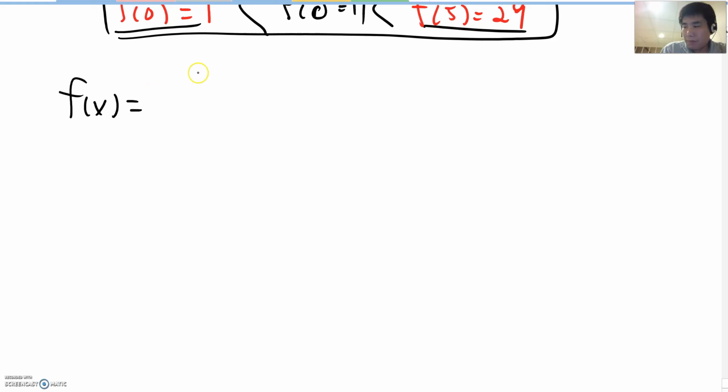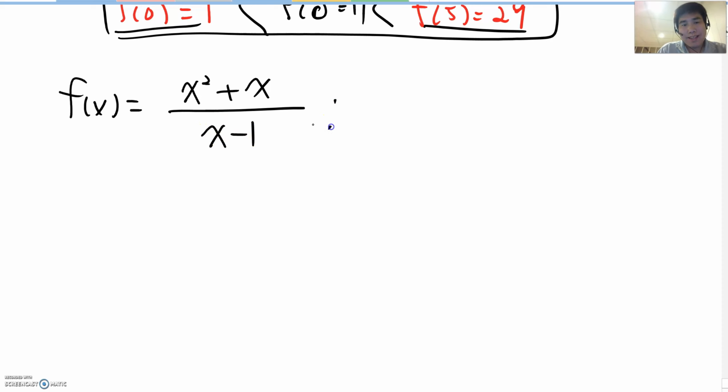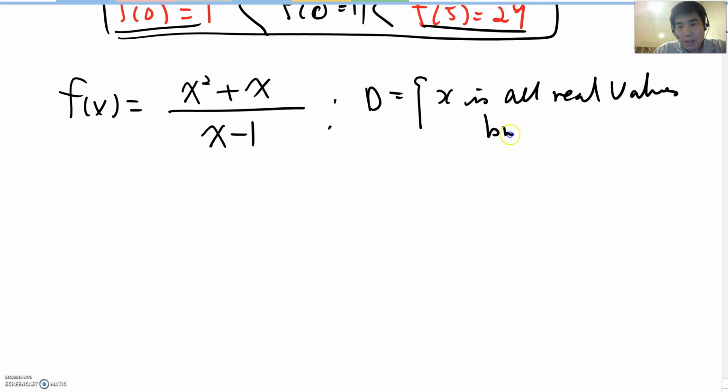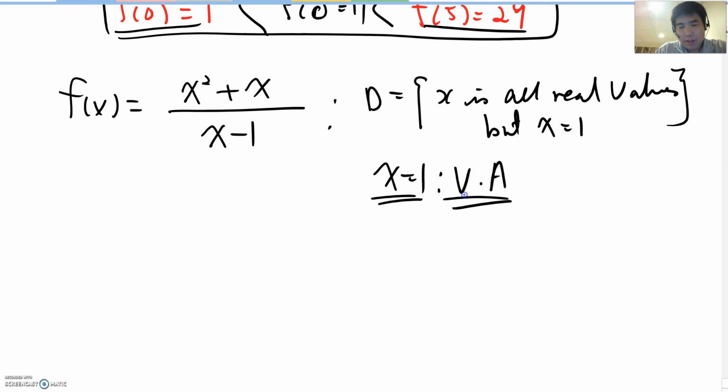Then what about one more example? f(x) equal to x squared plus x over x minus 1. So this is a rational function. Now we can find the domain: x is any real value, but x cannot be 1, which means x equal to 1 is what we call the vertical asymptote, right?